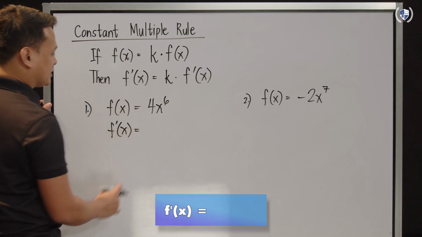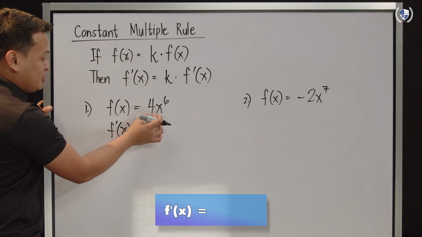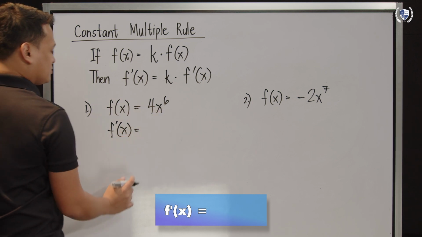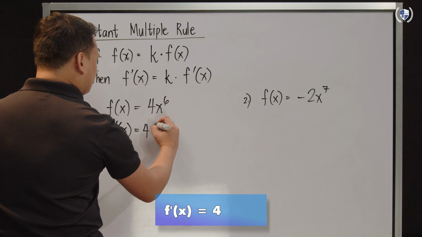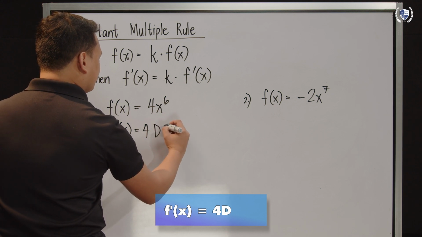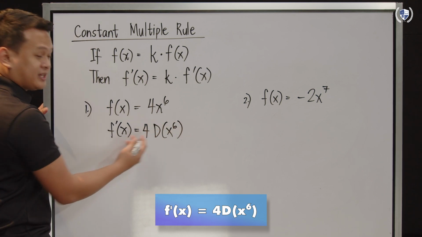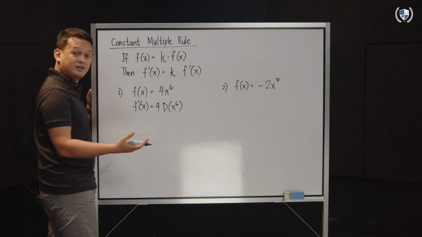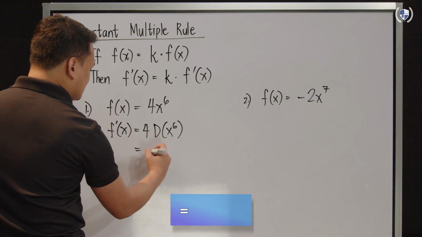Anong gagawin natin dito? Since meron siyang constant na multiple dito, yung numerical coefficient ni x raised to 6, pwede nating i-separate yun and then multiply the derivative of our x raised to 6. Take note, ang ibig sabihin ng capital letter D is just the derivative, di ba? So, simplifying everything, this is just 4.